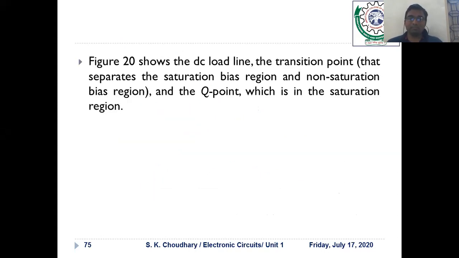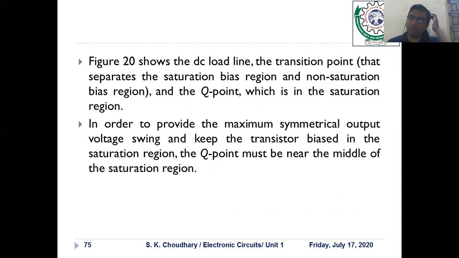That is mentioned here. In order to provide the maximum symmetrical output voltage swing, keep the transistor biased in the saturation region, and the Q point should be near the middle of the saturation region. This is a very important note.